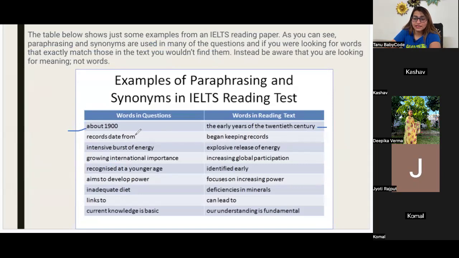The records date from, so you will begin keeping records in your reading test.